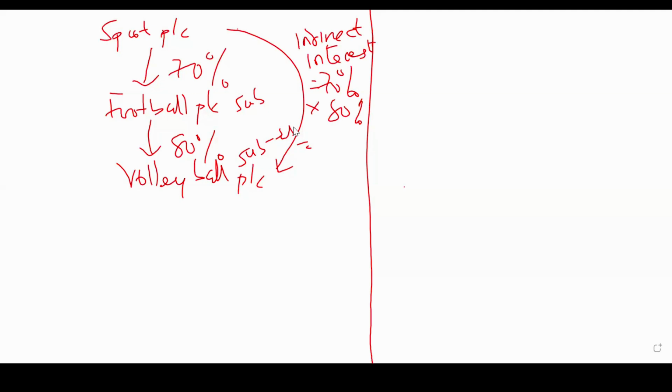Meaning you have 56%. And then NCI in Volleyball should be 44% altogether. We can do the analysis of this 44%, but we don't need it. Is this clear, everybody? We must be clear on this one first before we start. We've done this one before. All right. Now, if you go to the question, you can begin to solve. But because we've done something similar, I don't think that should be a problem for us.